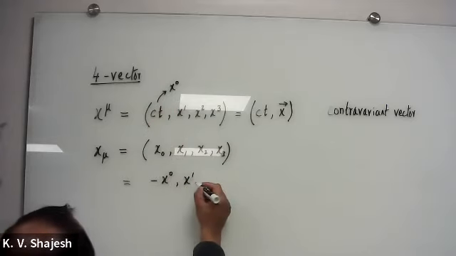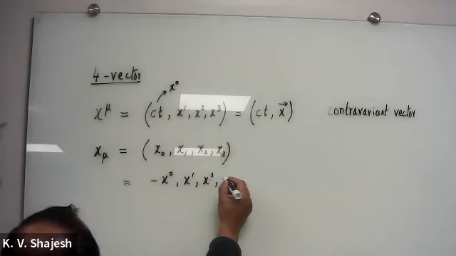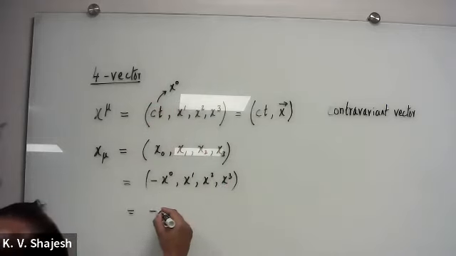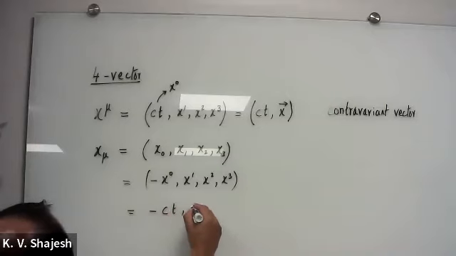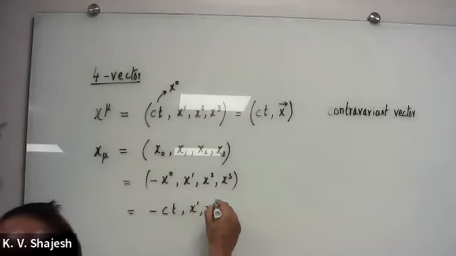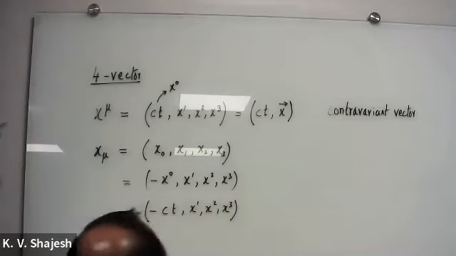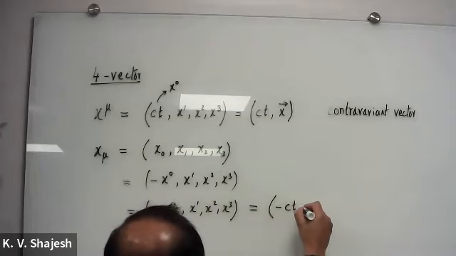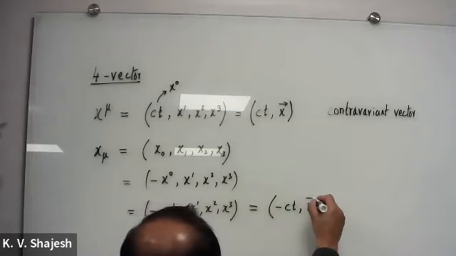When I move the others upstairs, it doesn't cost me anything: minus ct, x1, x2, x3. And this we will often write as minus ct and the vector x.